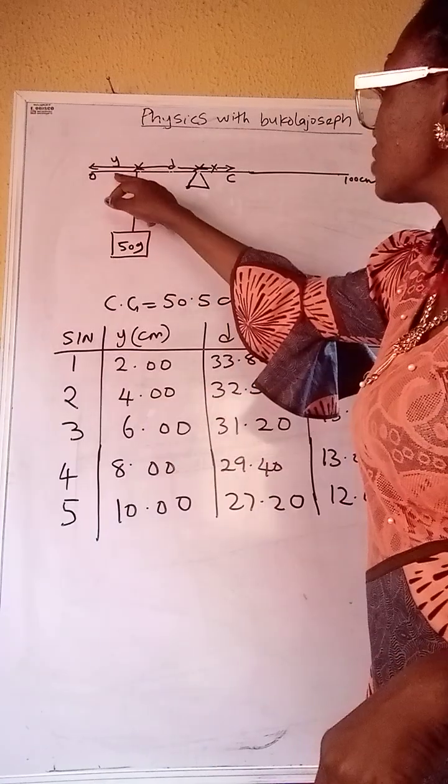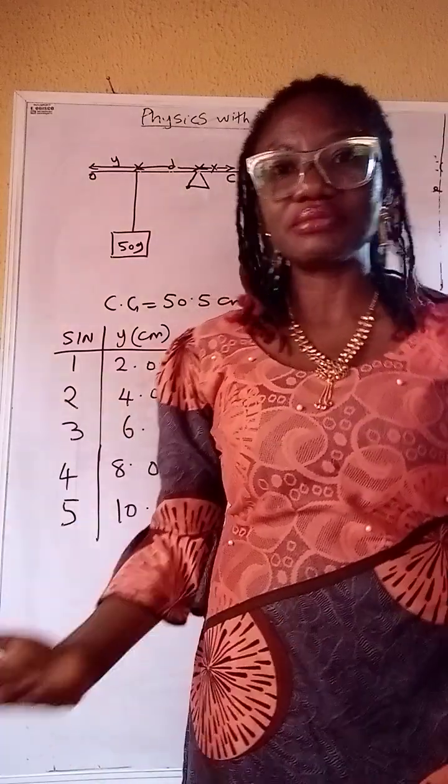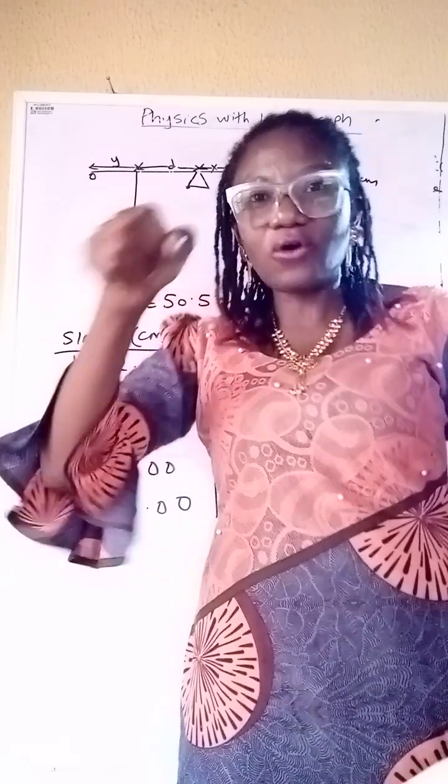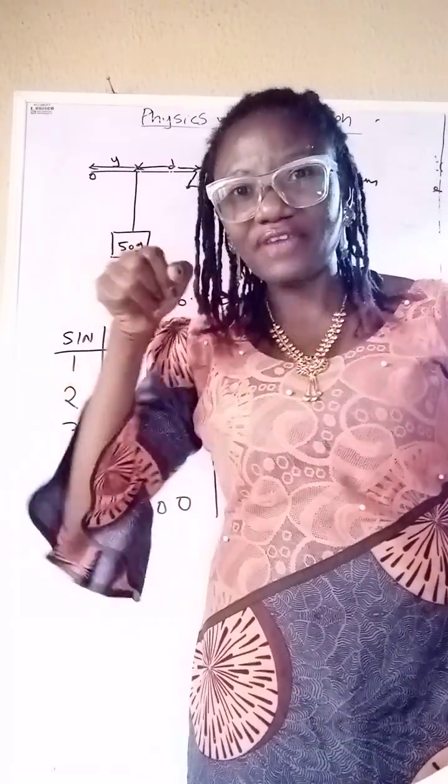Now what do we do for the case of 4? You simply move this from 2 centimeter to 4, and then you balance the meter rule again. Once you balance your meter rule, you read off the point where it is on the knife edge.